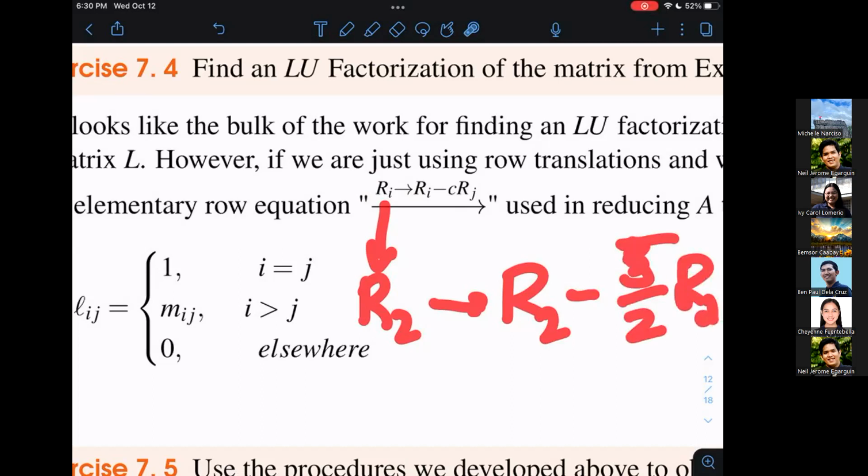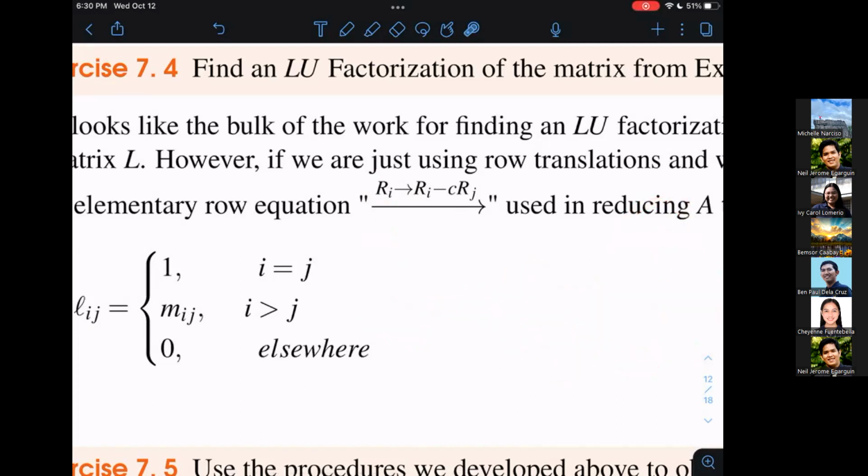So, itong remark na to tells me that the entry of L on the second row and the first column must be equal to 5/2. Okay? Kasi dapat itong C na to, yung subtrahend o yung scalar dito sa Ri minus C Rj, siya si Mij.